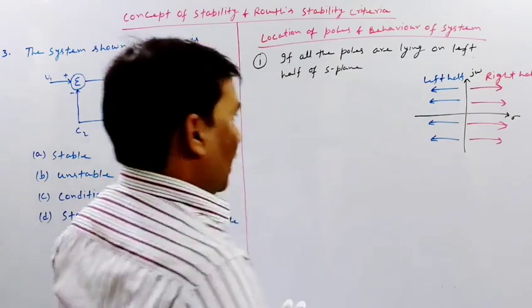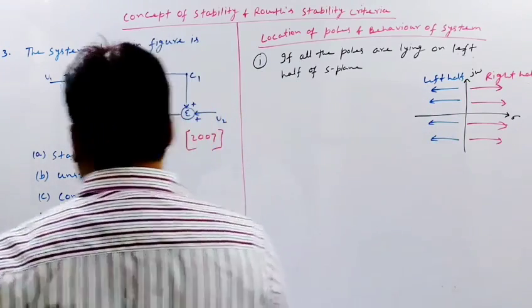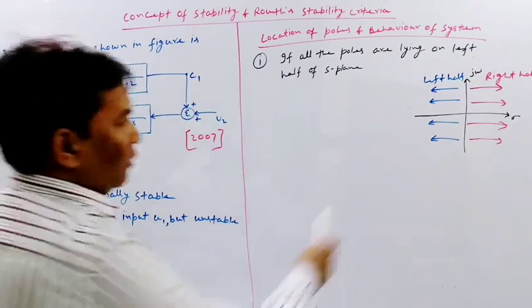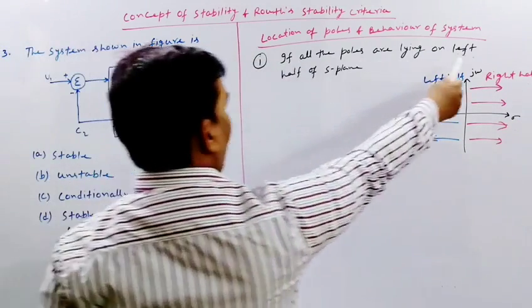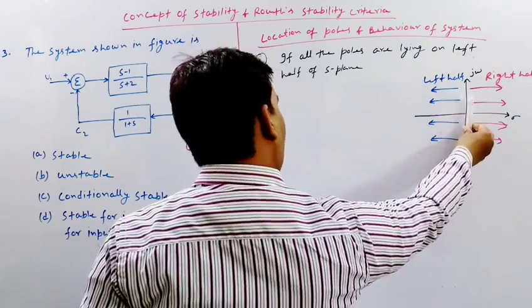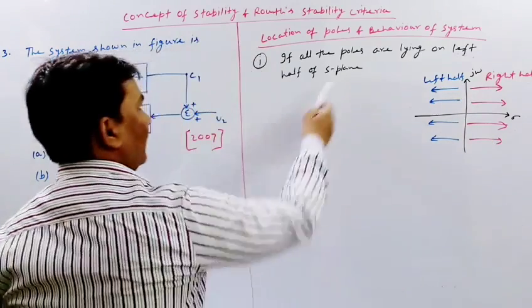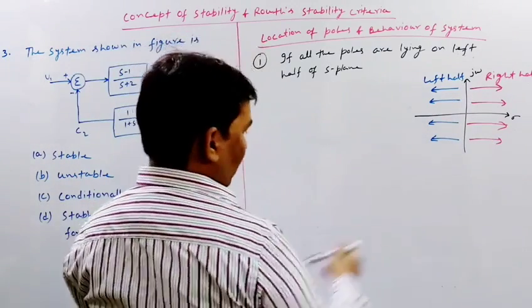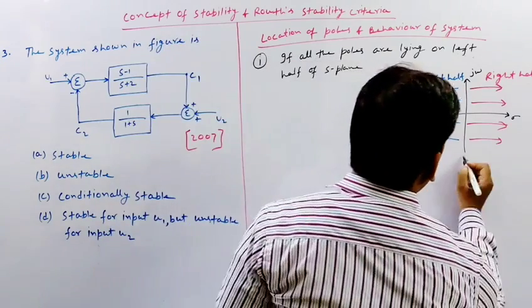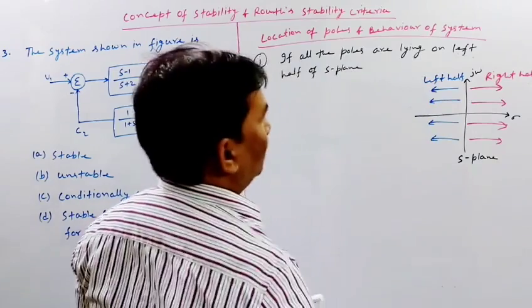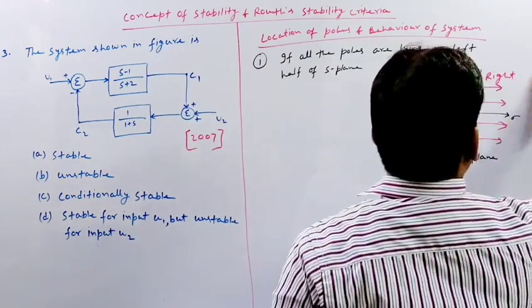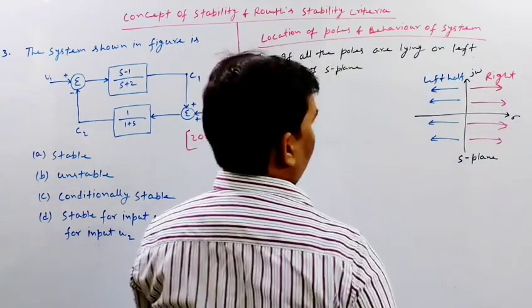Means left to j omega axis is left half and right to j omega axis is right half. So if all the poles are lying in left half, means left to j omega axis of S plane. This is called S plane. Right half, let me write here right.